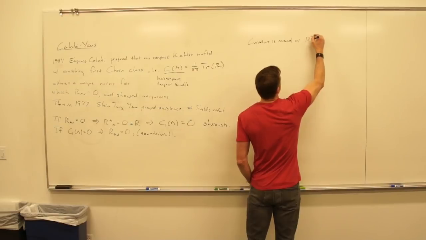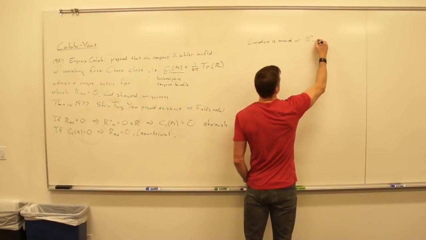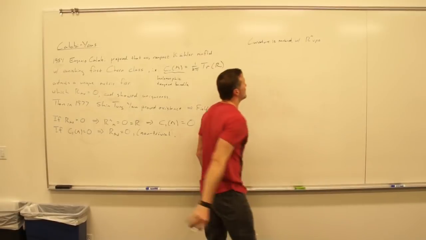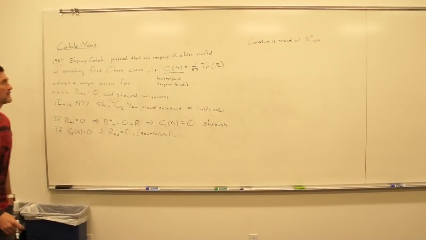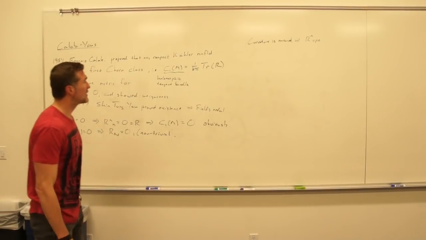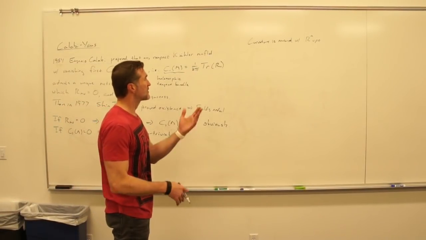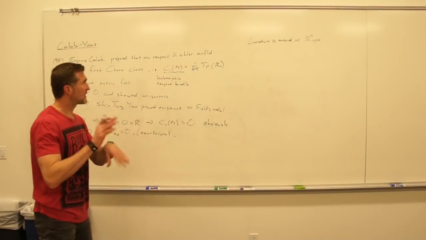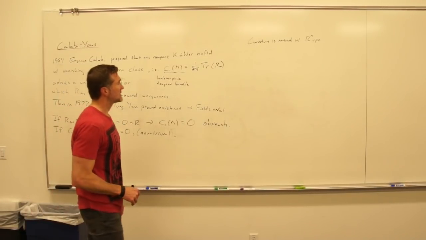And the object that does that with the greatest sensitivity is the Riemann curvature tensor. Okay, so it's a 4-index tensor, and generally you might write it like that. Typically the first index is up and the others are down, but you can do various raising and lowering of indices to get other things.